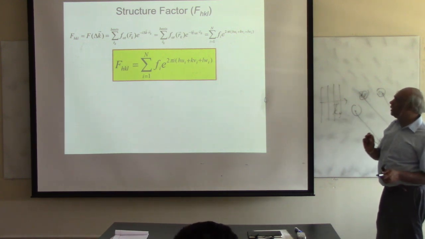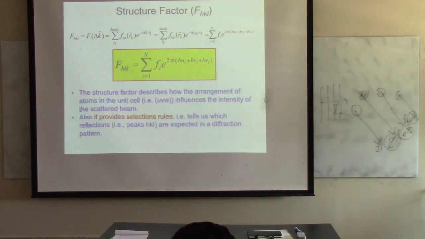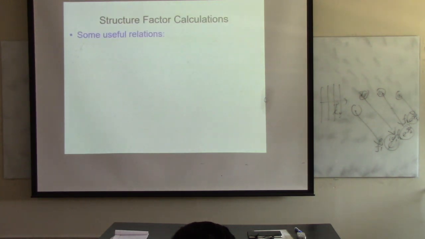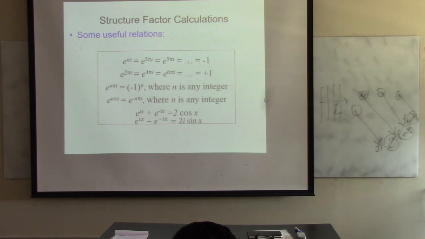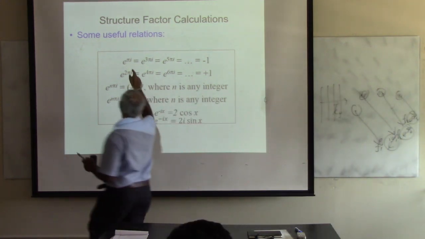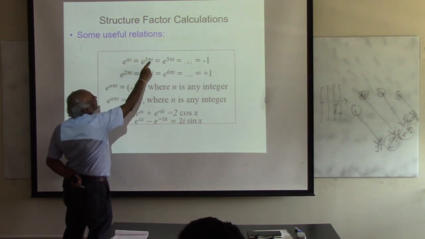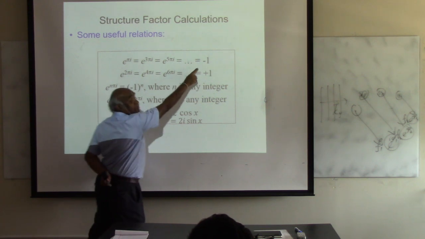But you need to know a little bit of some identities. These things, everybody should remember. Everybody remember this one? Any odd number of pi times i, e to the power of that, is always negative one, right?